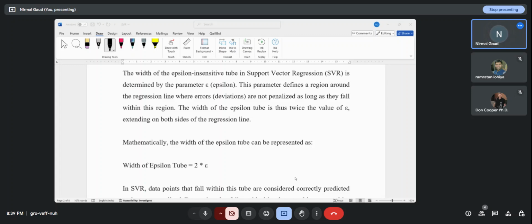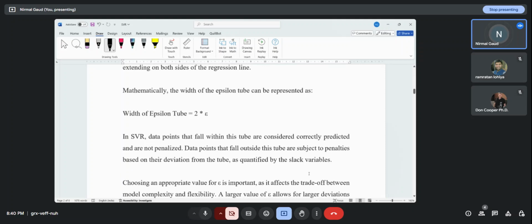Okay, so anything coming outside the epsilon tube was considered as an error point. Then it comes to the width of the epsilon tube, which we were taking as 2 epsilon. Epsilon is something that we are calling a parameter, and this parameter is just like the margin, as we have seen in the hyperplane.